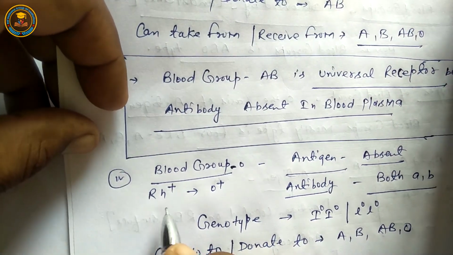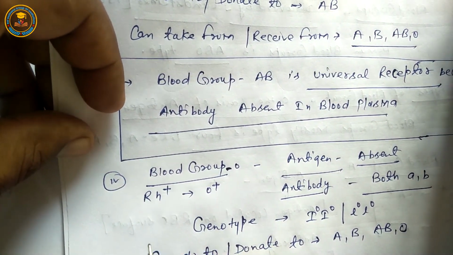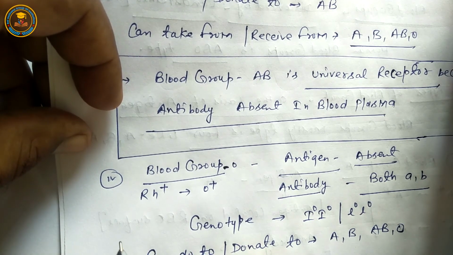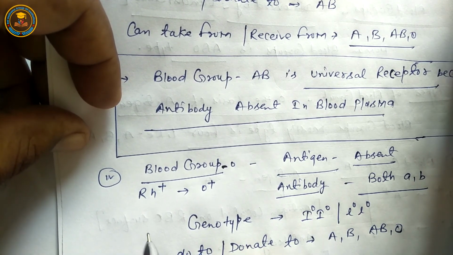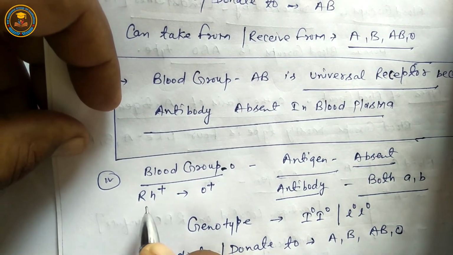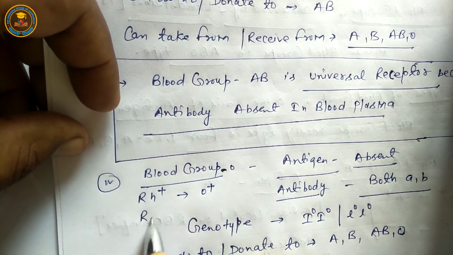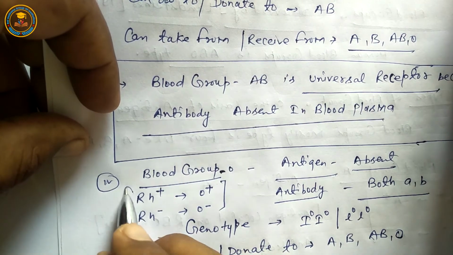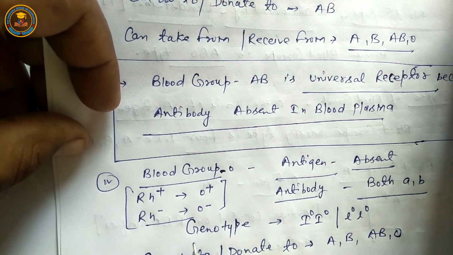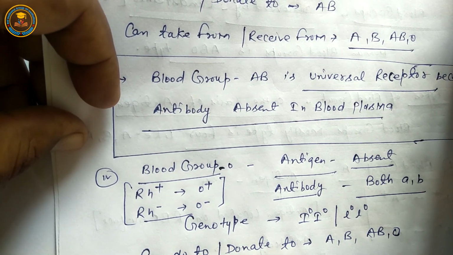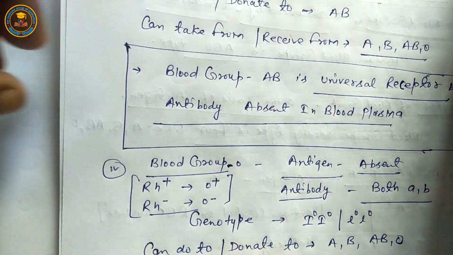Some people have neither antigen A nor B, and do not have antigen RH, it means RH negative, they are O negative. Once again, blood group O people who do not have antigen A, B and RH are called O negative.